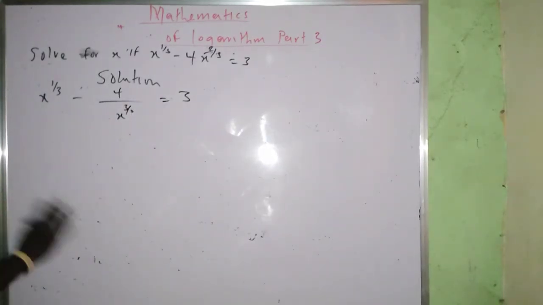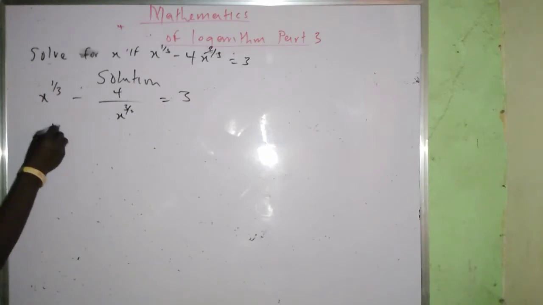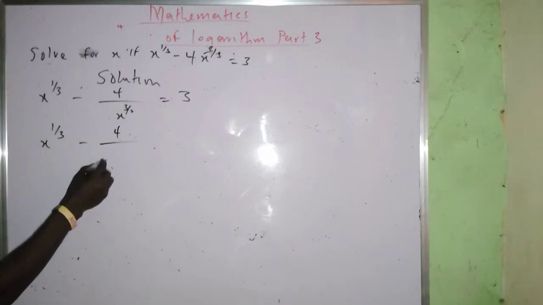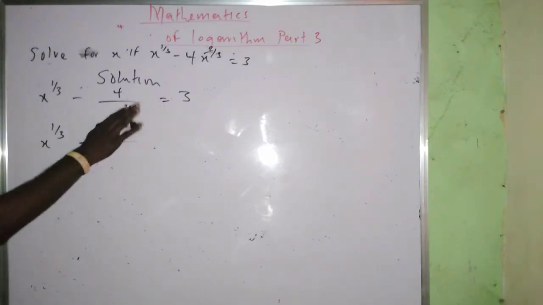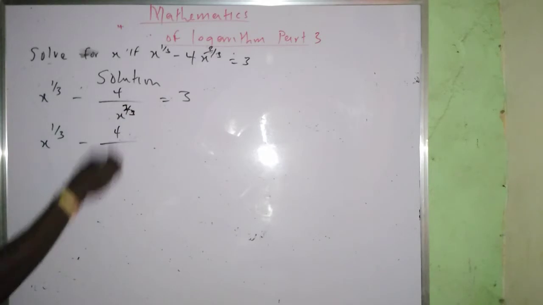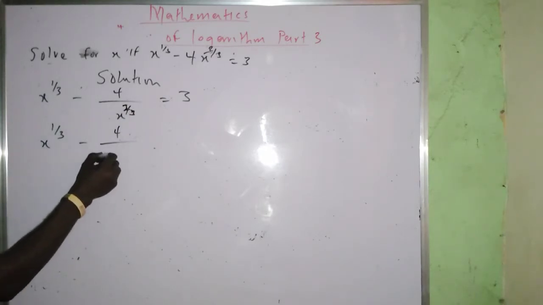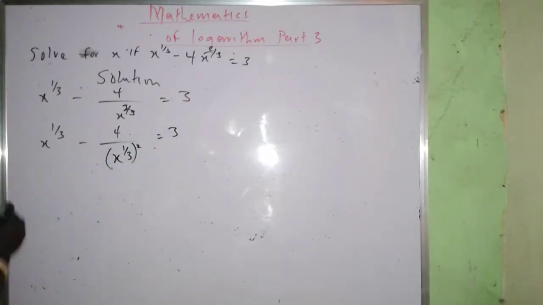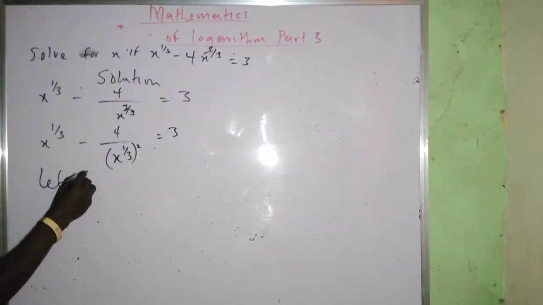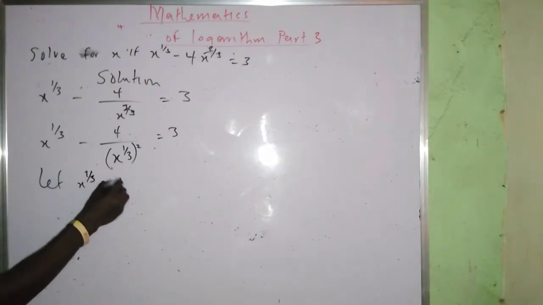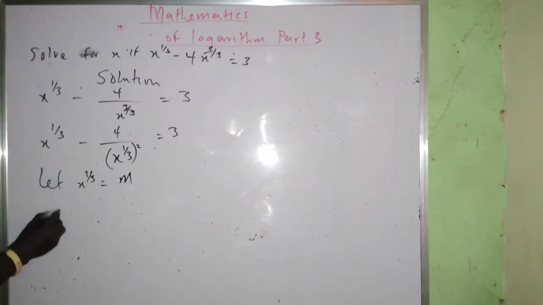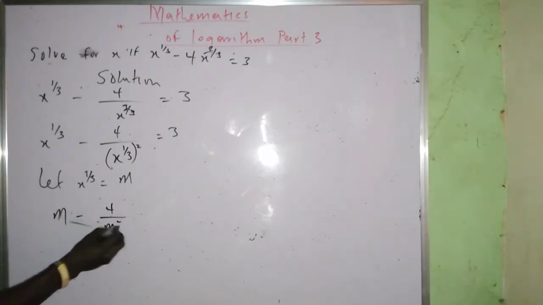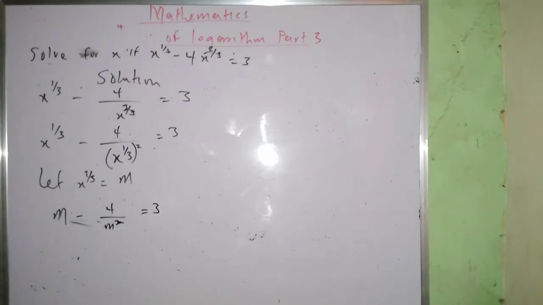Now, I want to solve this problem. I'll have x^(1/3) minus 4 all over x^(2/3) equals 3. Let x to power 1 all over 3 equal m. Now, I can say that my m minus 4 all over m squared equals 3.